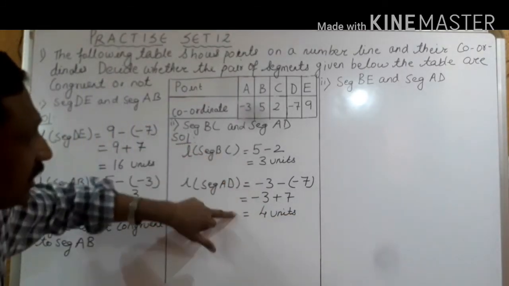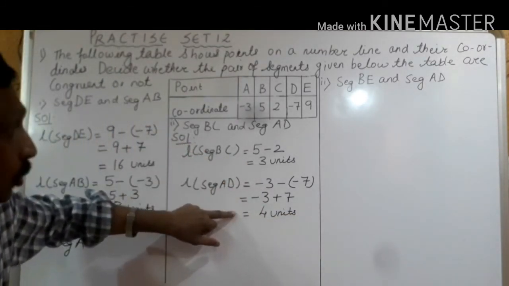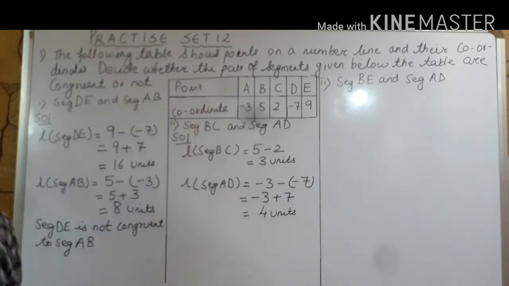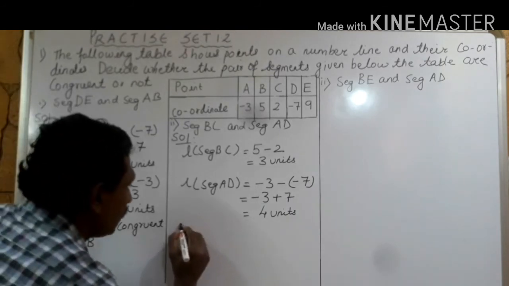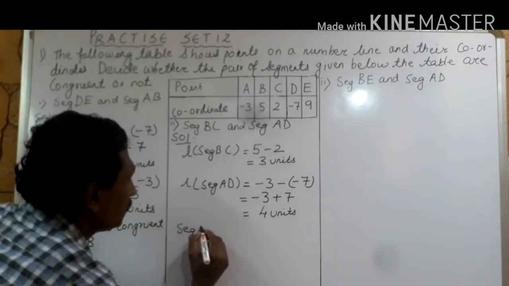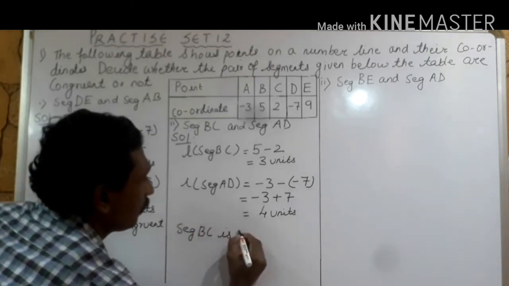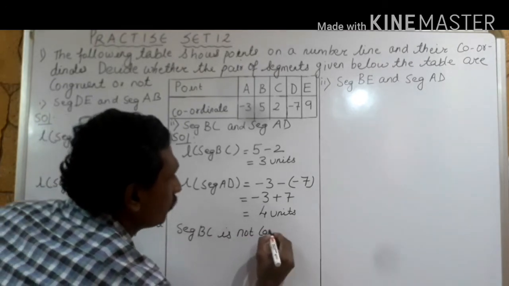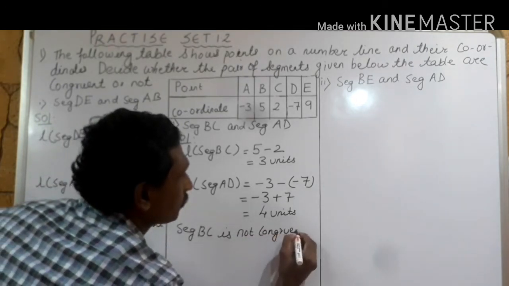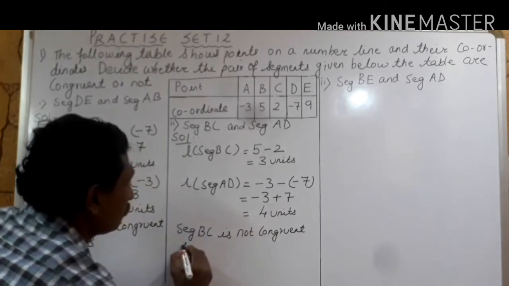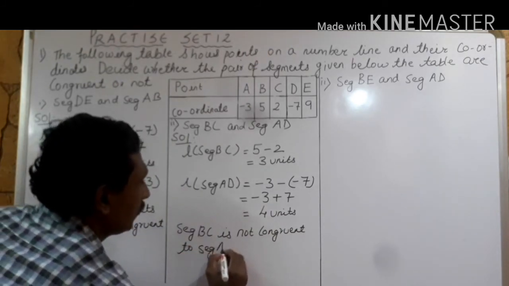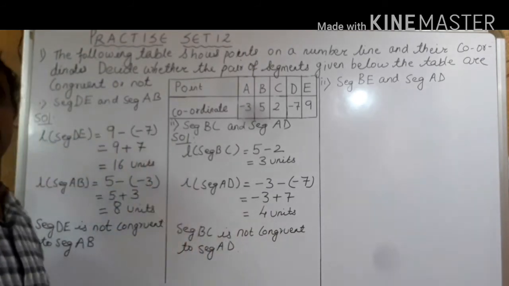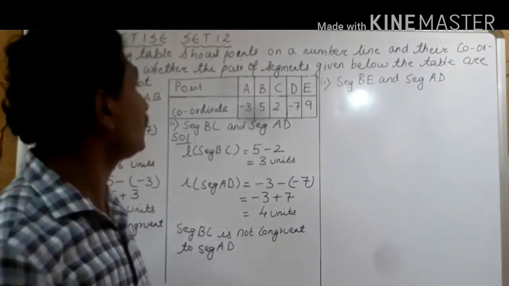Now look here and here. Are they equal? No. That means segment BC is not congruent to segment AD. Right?